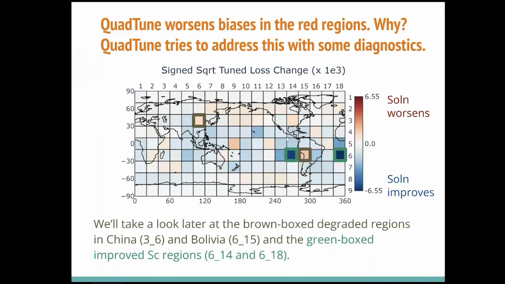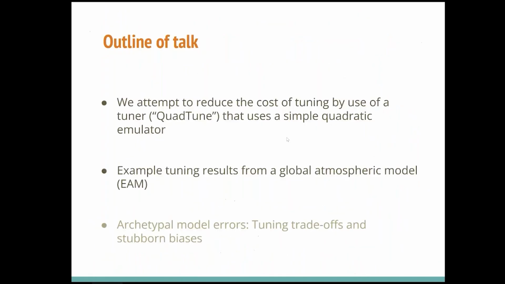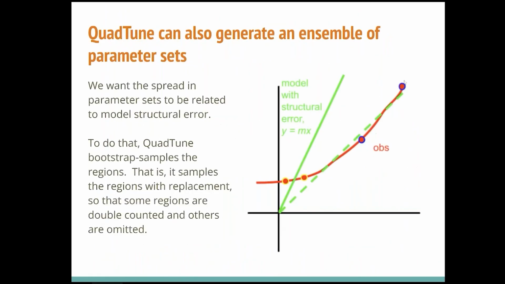Then you resample again, tune, find another parameter set. And so you get a whole ensemble of parameter sets, each of which are tuning to slightly different regions and giving slightly different parameter sets. And my argument is that that's akin to sampling the structural error in the sense that suppose the real function is this crazy curved red function, but our model is wrong.